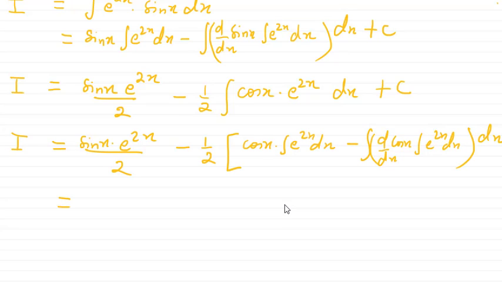And then here you can write e to the power 2x into sin x divided by 2, here minus half, and then you will get here cos x into e to the power 2x, then again one more 2, and then this minus minus will become plus.